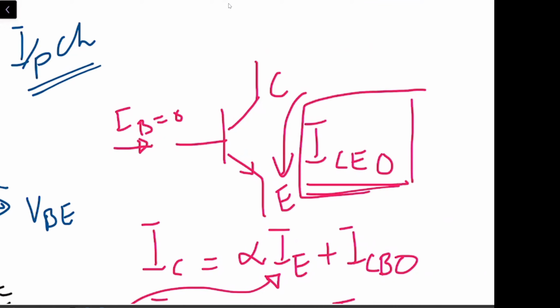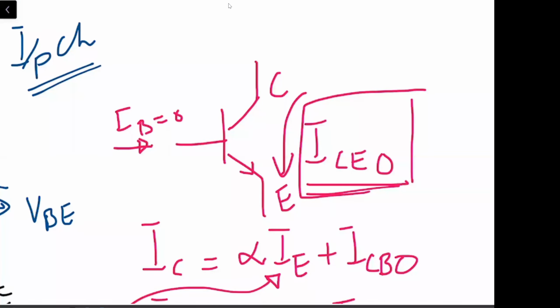ICEO represents the current flowing from collector to emitter when the base is open. This current is called ICEO, right?